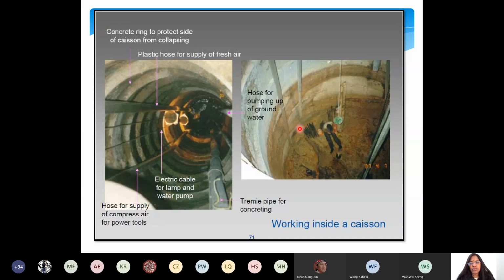Recently, two days back, one old man fell into a well. It is not a caisson foundation, but it's a well. It was dug and left like that, maybe abandoned. One old man fell into the well. There were 30 people employed to take him out.